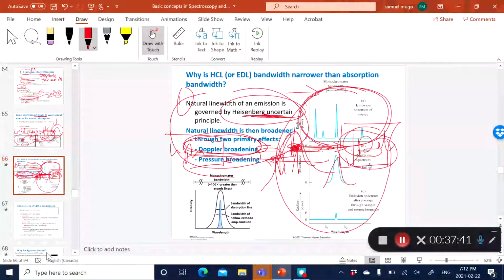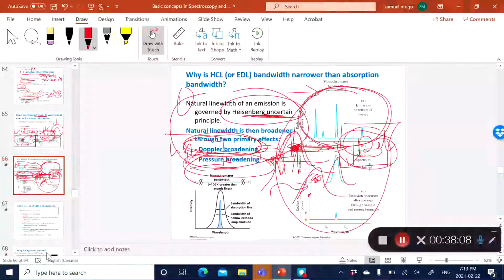Now, the last type of broadening effect is what you refer to as pressure broadening. If you think about it, in the flame you would have a lot of atoms present. As light is impinging on these atoms, these atoms are equally colliding as well.